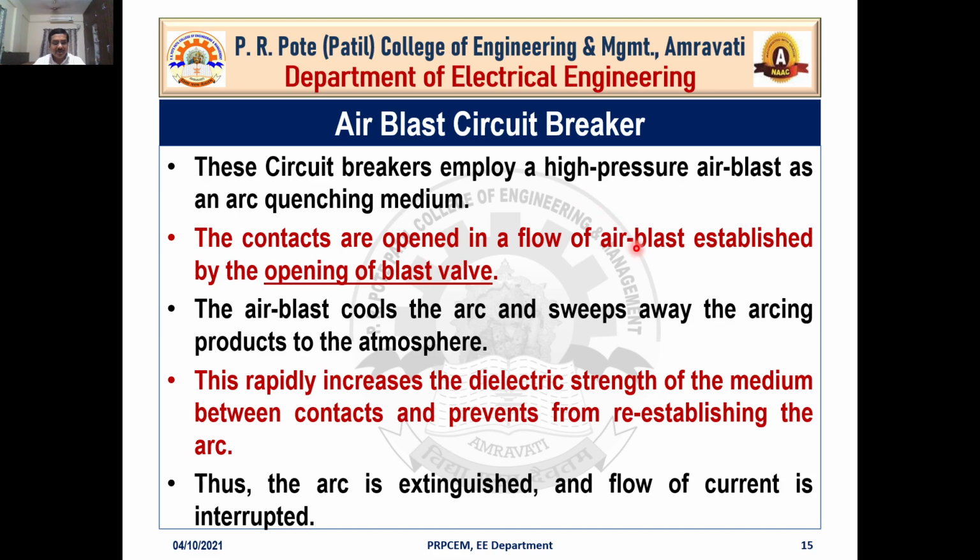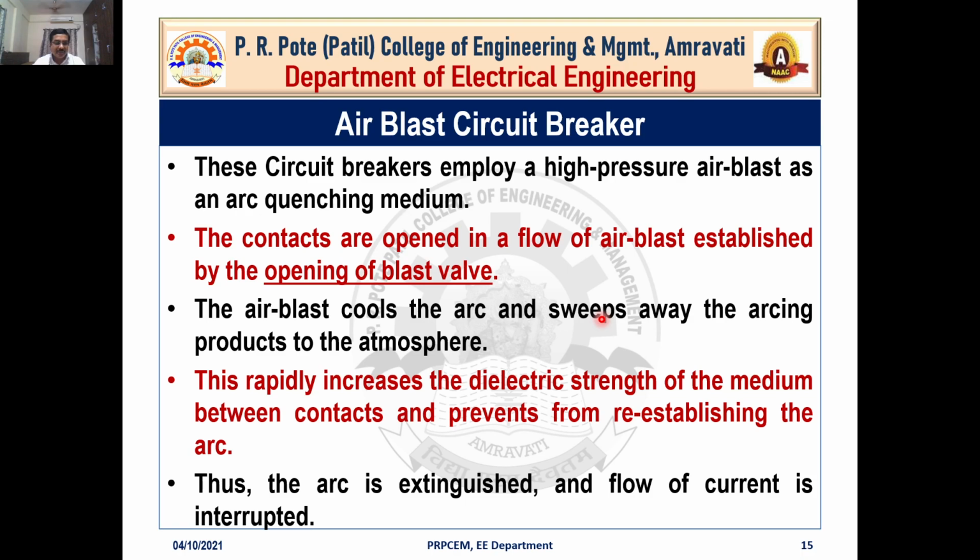The moving contacts and fixed contacts are opened in a flow of air blast which is established by the operating fast valve. So there is a fast valve through which we allow the air to blast quickly onto the arc. This air blast will cool the arc and sweep away the arc products to the atmosphere.